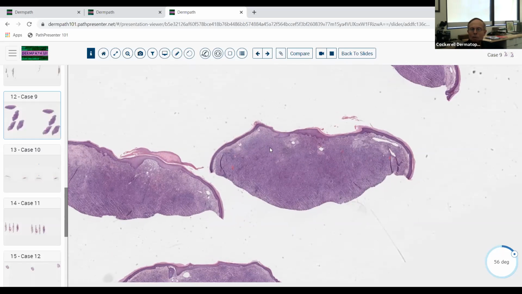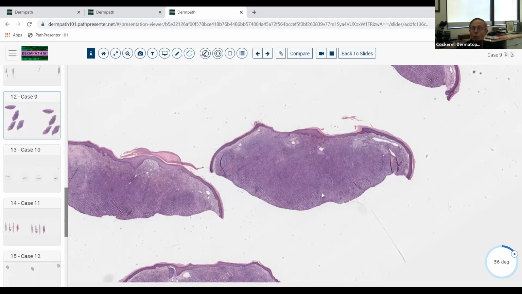Some of the cells are a little bit paler in the background. It looks like a nodular proliferative process. Is it inflammatory or neoplastic? If it's neoplastic, it's likely benign. It's very well circumscribed and very symmetrical. We're going to see what kind of cells they are, epithelial or non-epithelial. It's kind of hard to tell at this power.